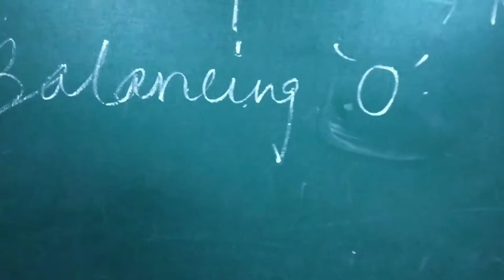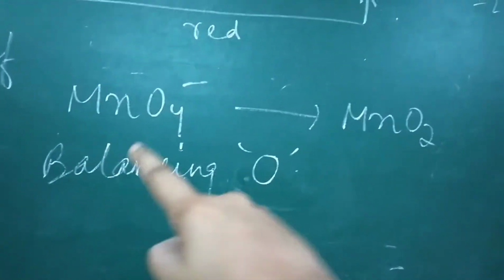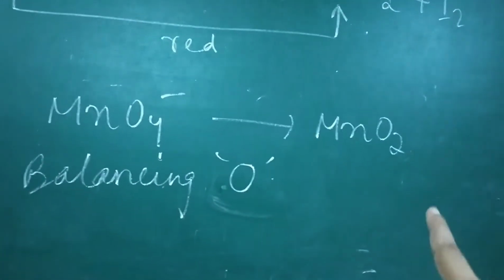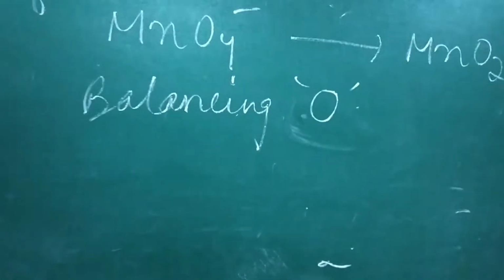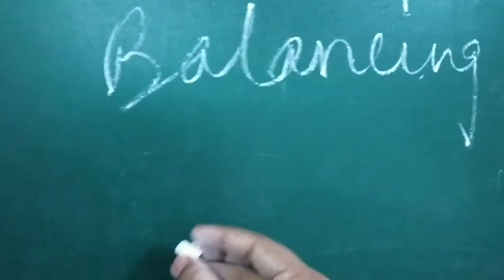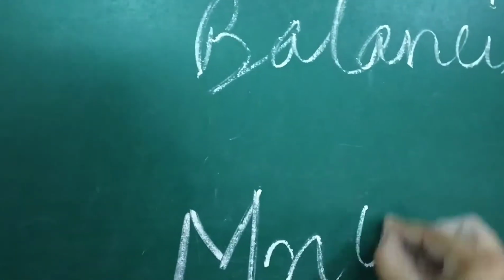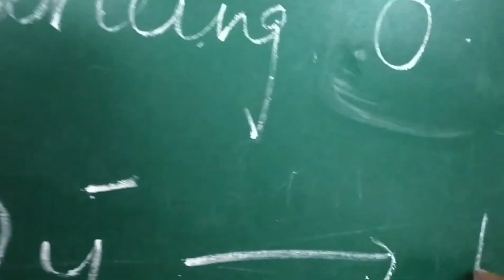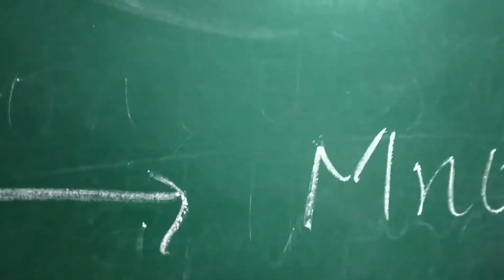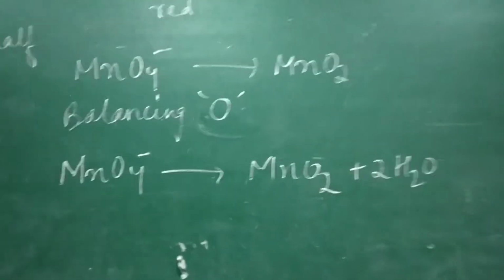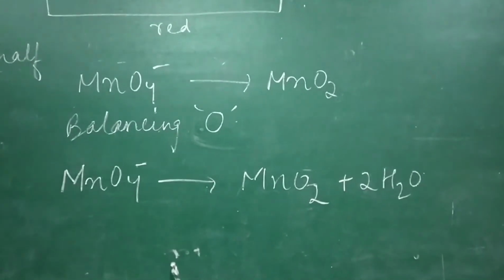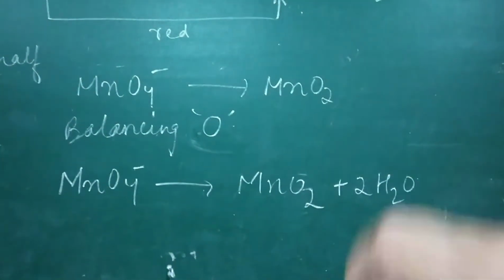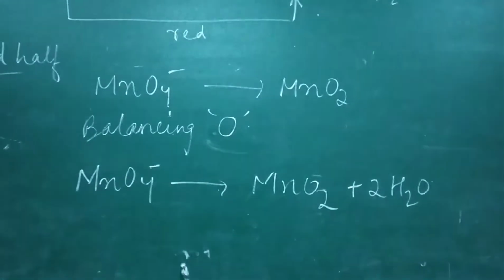Balancing oxygen. So here there are 4 oxygen atoms and on this side there are 2 oxygen atoms. Now we will balance the oxygen atoms with water molecules. Always balance oxygen with the help of water molecules. So we will add 2 water molecules on the product side to make the number of oxygen on both sides equal. So 2H2O. Now you can see on the product side hydrogen atoms are there, but on the reactant side hydrogen atoms are not there.